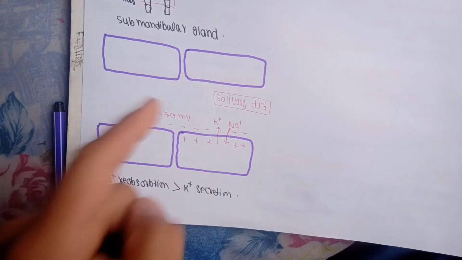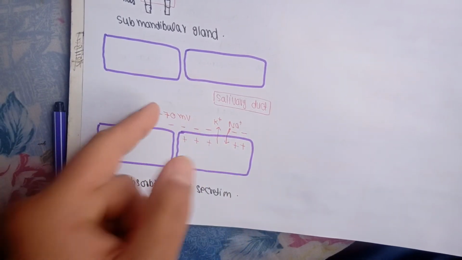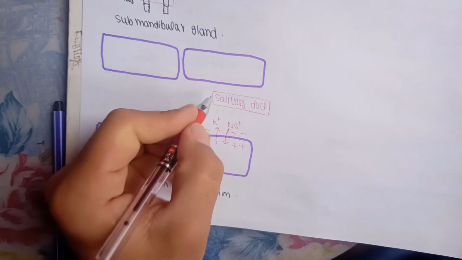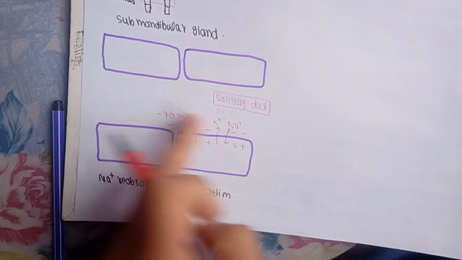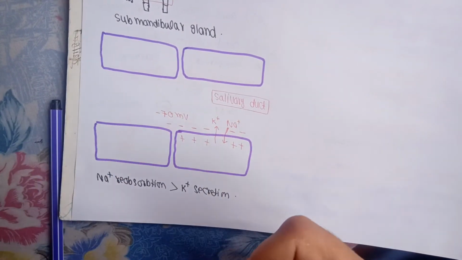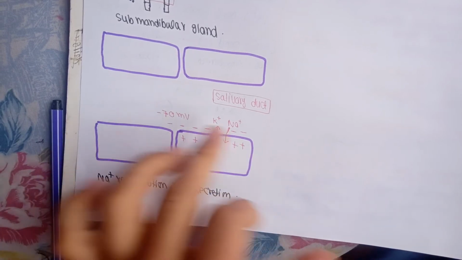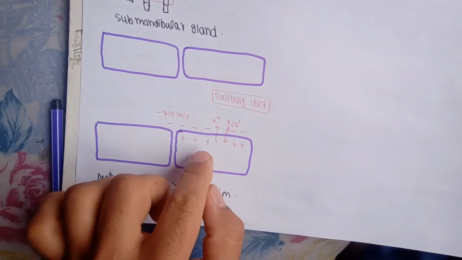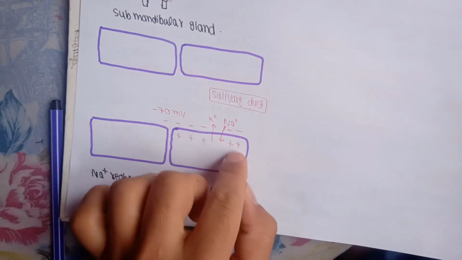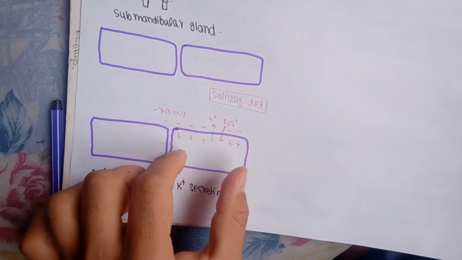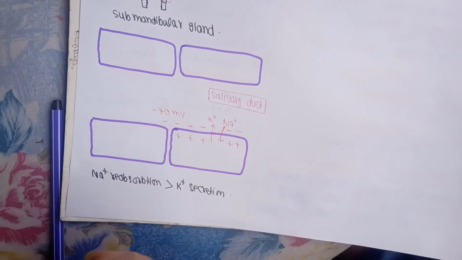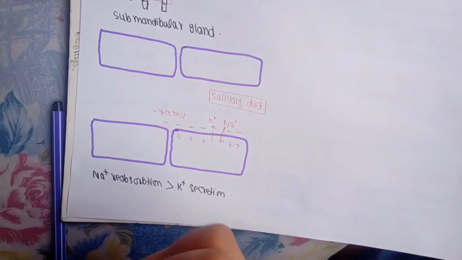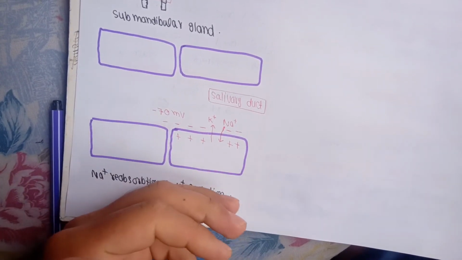So here the inside is negative, which means that the cell is internally negative. Your salivary duct is negative. Now this is the conclusion. Another thing, here as the concentration of positive ions is less, which is due to the sodium ion being more, there is another thing, which is chloride ion reabsorption.